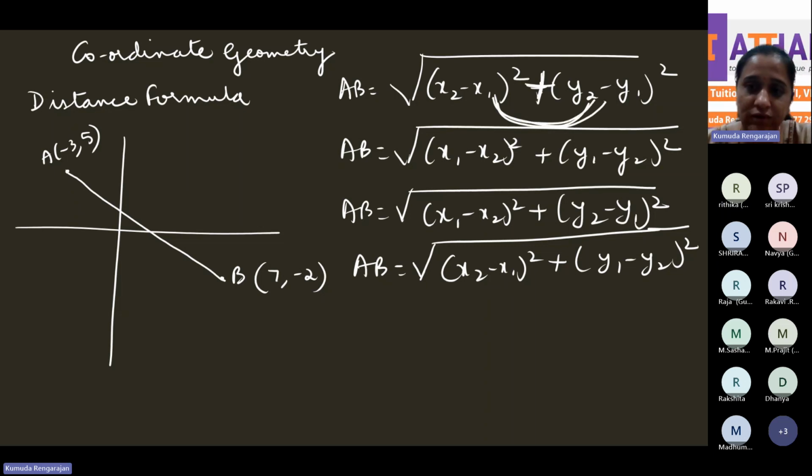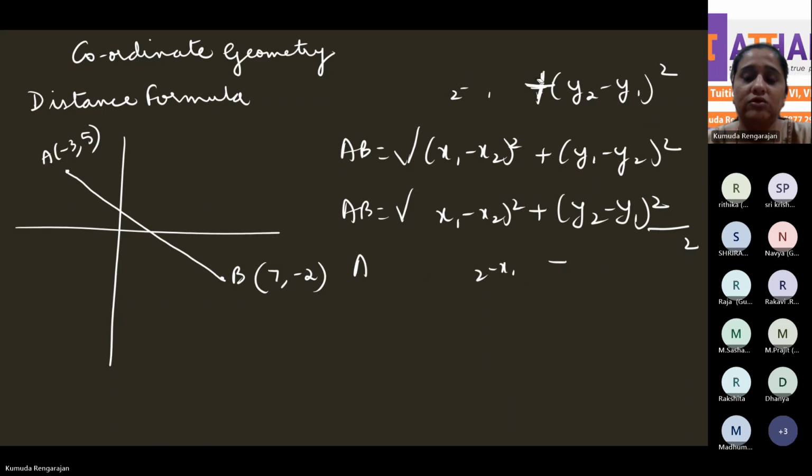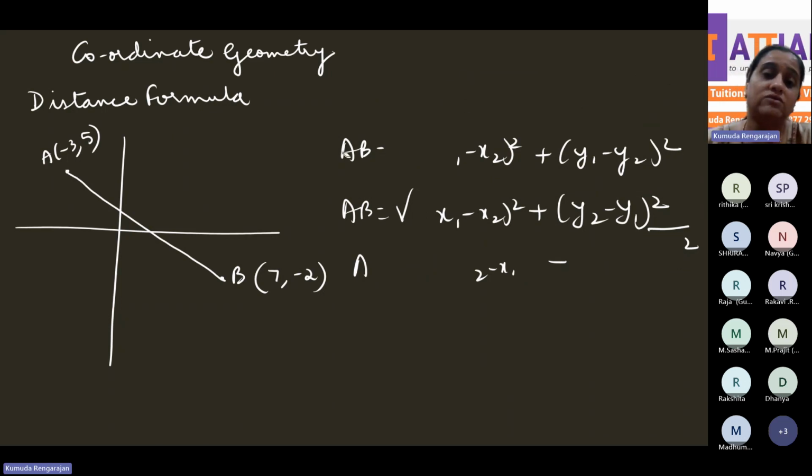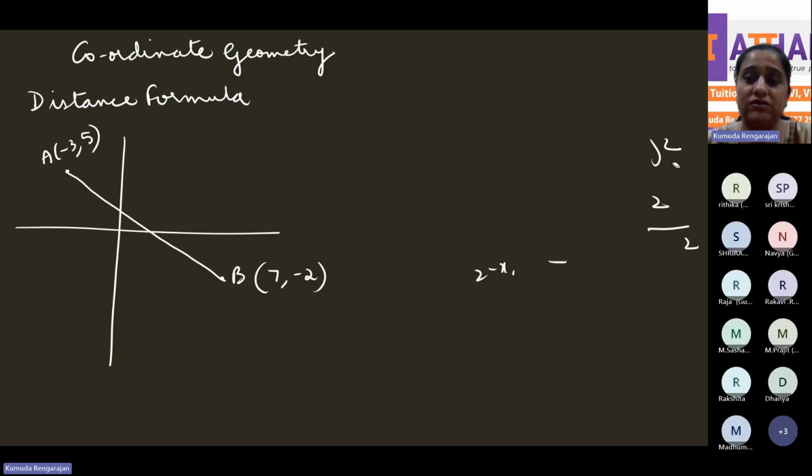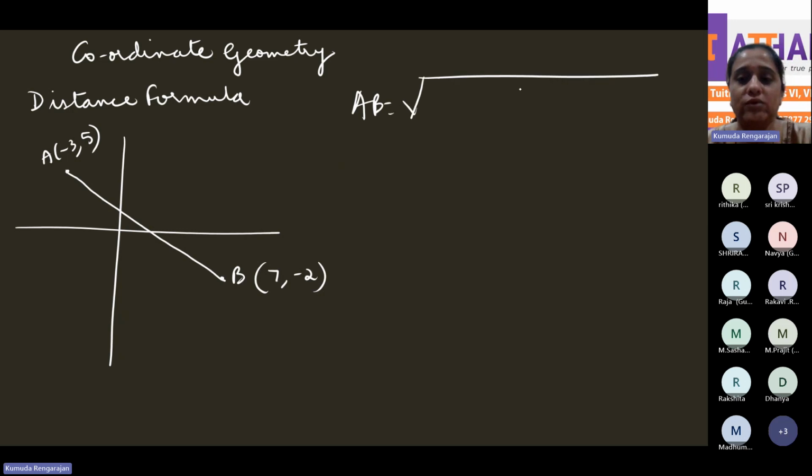So you can even write this one first and then this. So many variations you can do. You can say root of (y2 minus y1) the whole square plus (x2 minus x1) the whole square, because it's plus in the middle. If it's minus, you cannot do that. The connecting sign is plus. So you can also say AB is equal to square root of (y2 minus y1) the whole square plus (x1 minus x2) the whole square.